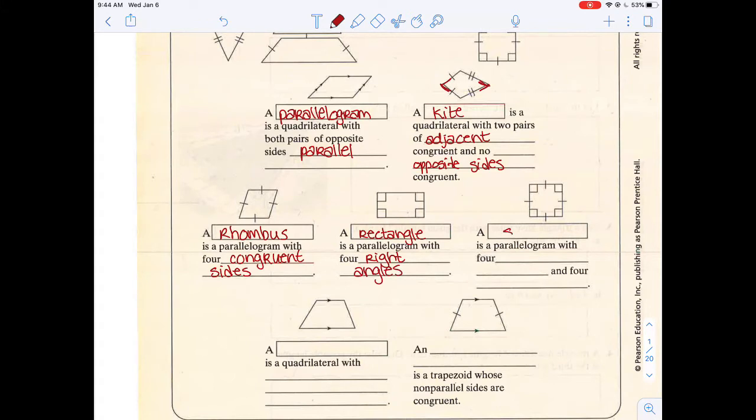And a square is a parallelogram with four congruent sides and four right angles. So a square is kind of like if you combine a rectangle and a rhombus.